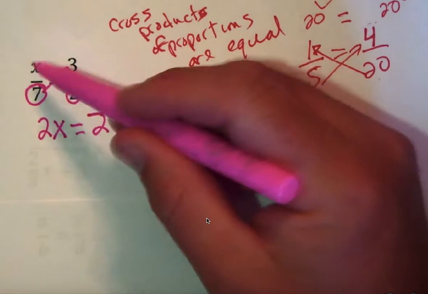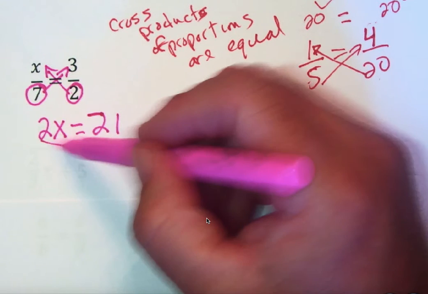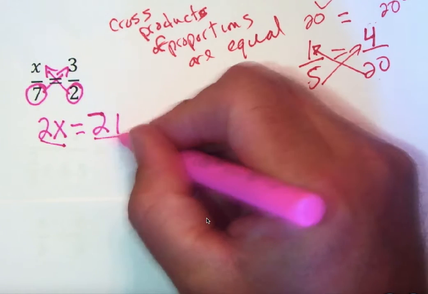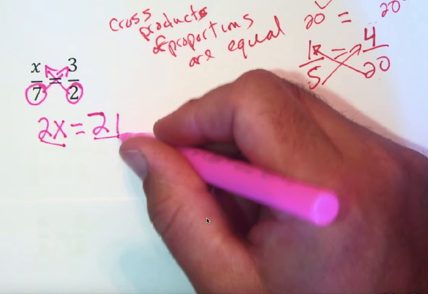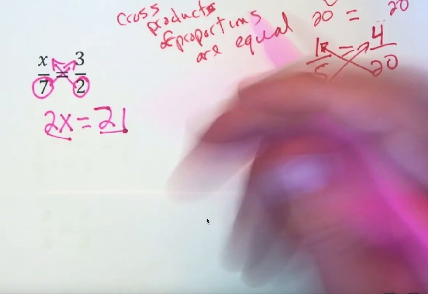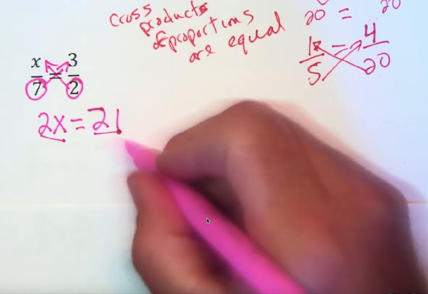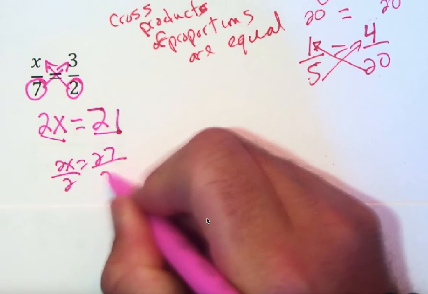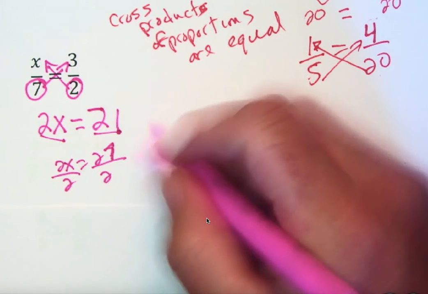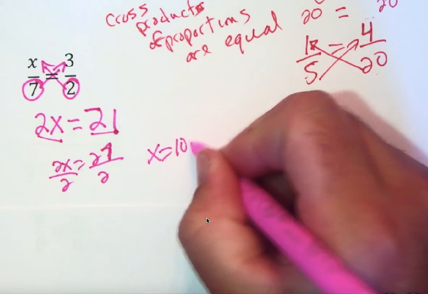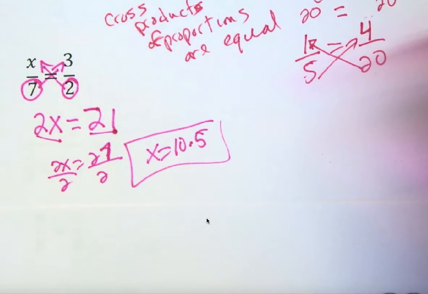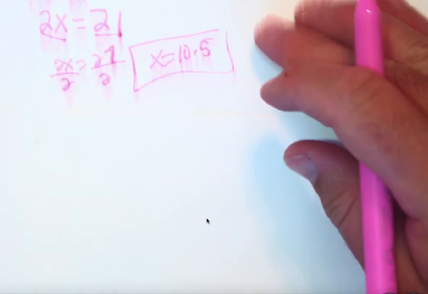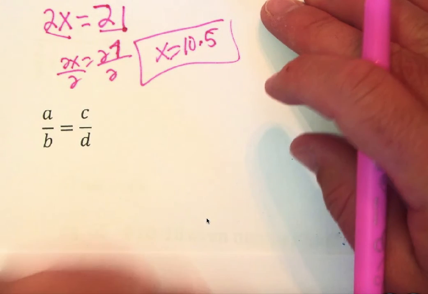And when you cross product, you can see 2 times x goes on this side, and 7 times 3 is on this side. And we don't have a fraction anymore, which is great. And now, with one more step, we can solve this by dividing both sides by 2. And you get that x is 10.5. Sweet. So that's how you solve proportions in 7th grade.